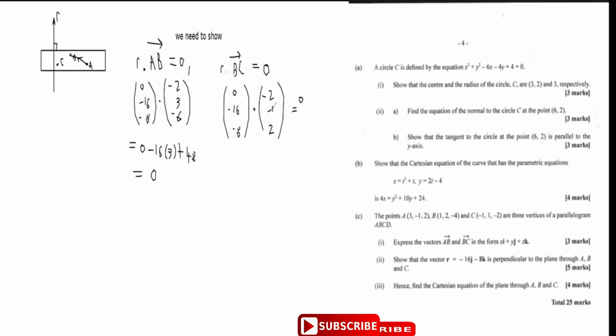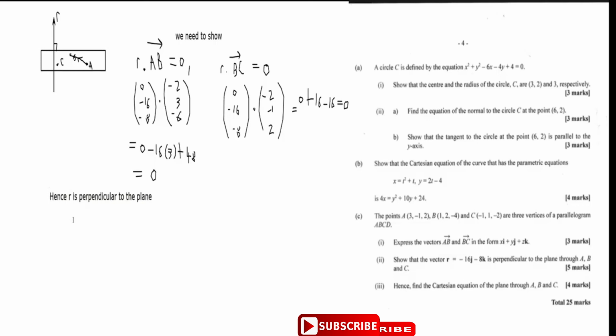Minus 16 times minus 1 is plus 16. Then minus 8 times 2 is minus 16. And all of this works out to be 0. So hence, we can make our conclusion that R is perpendicular to the plane.